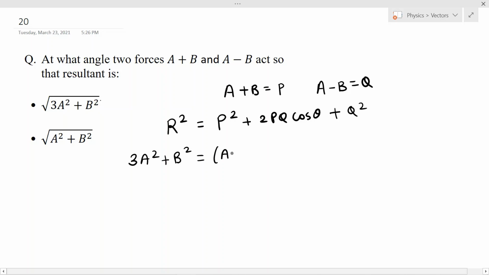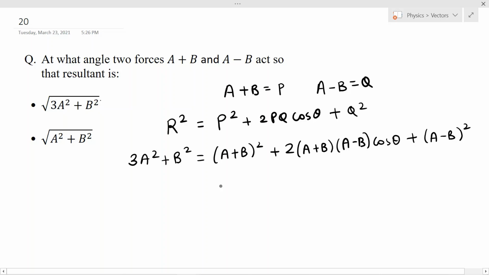So I will substitute A plus B whole square plus 2 times PQ cos theta. So P is A plus B and Q is A minus B, and cosine of the angle theta, plus Q square. Q is A minus B whole square.